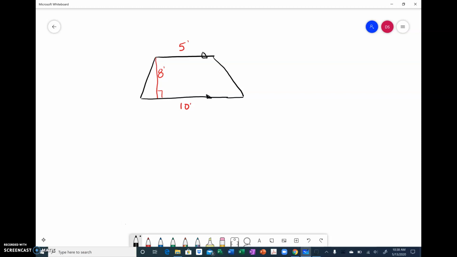Okay, I never can draw these arrows correctly. All right, so here's a trapezoid, and you have the measurements that you need, and here is the formula that you need to memorize. Area equals 1/2 base 1 plus base 2 times height.